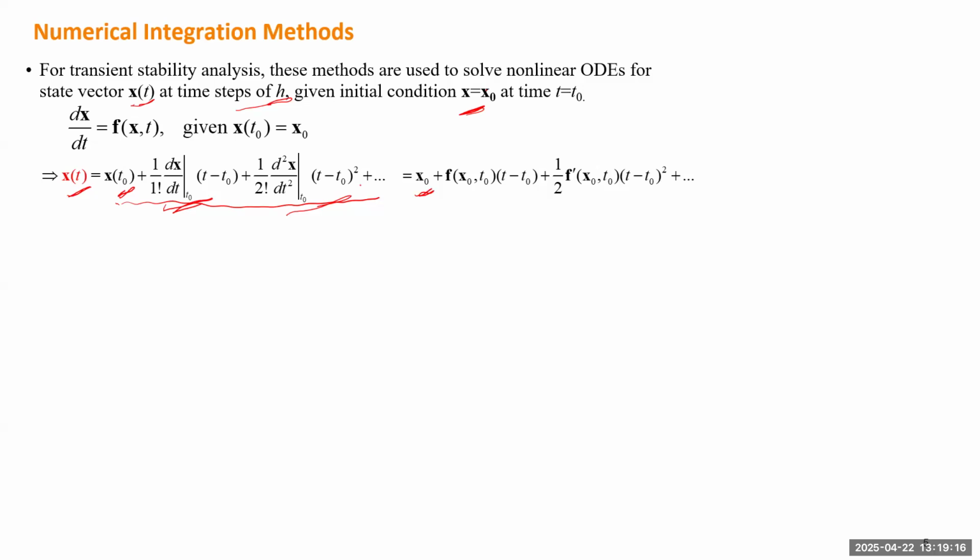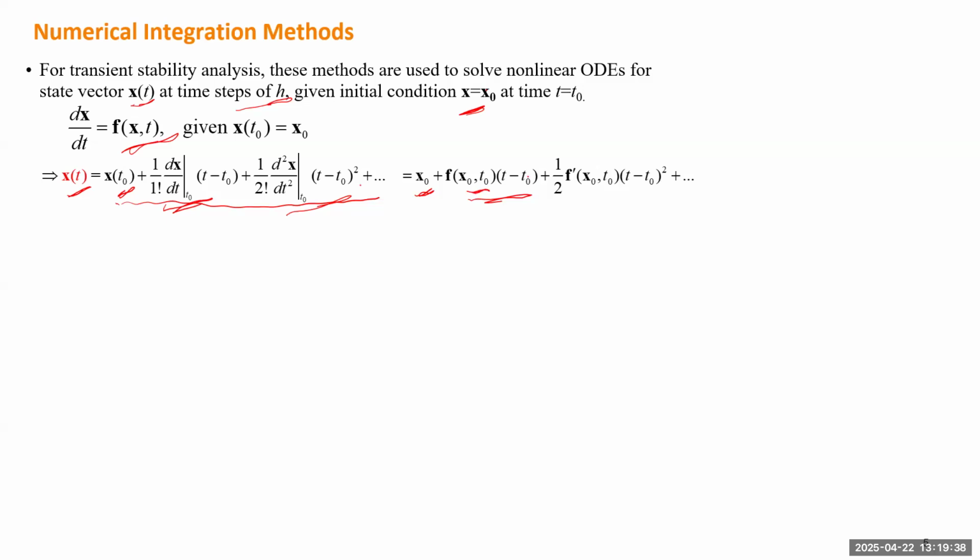The first term will be the initial state, and the second term depends on the rate of change, or the first order derivative of the state vector, which is exactly just the original nonlinear function f by plugging in the initial state and initial time.